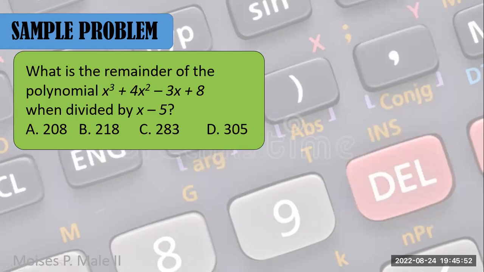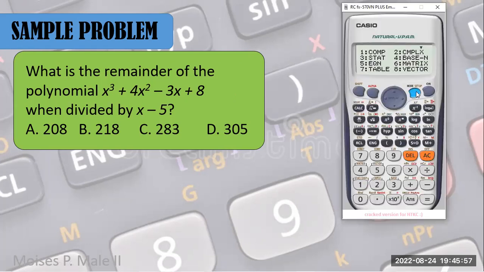For this type of problem, just input the value. Using calc, alpha x cubed plus 4x squared minus 3x plus 8, then calculate with 5. We get 218.